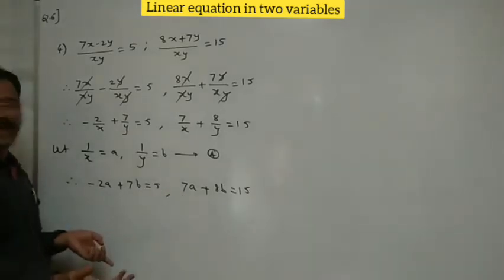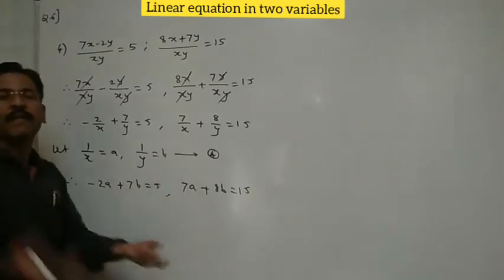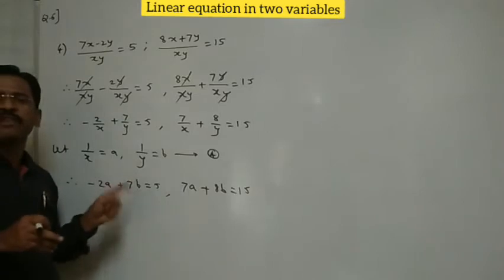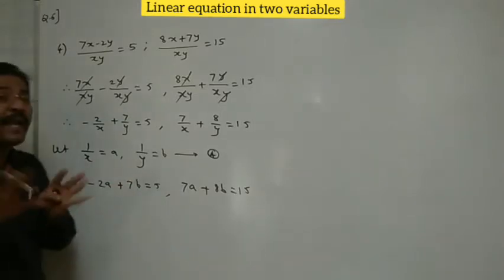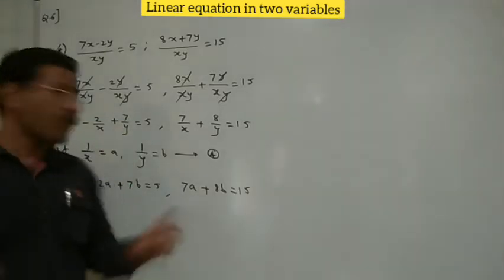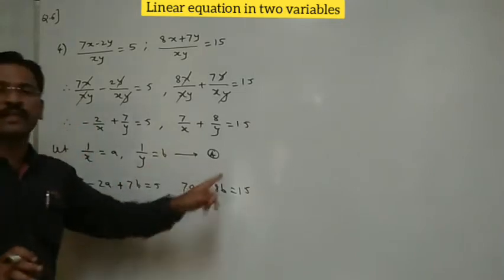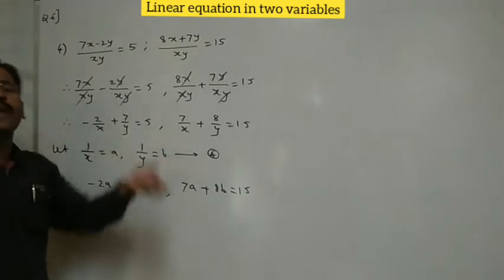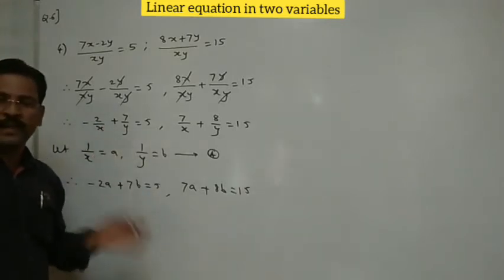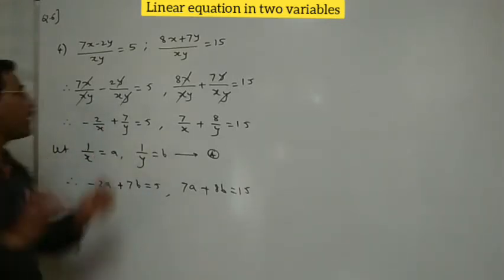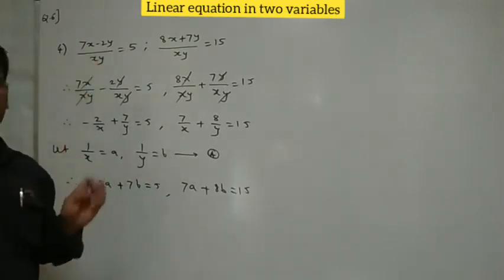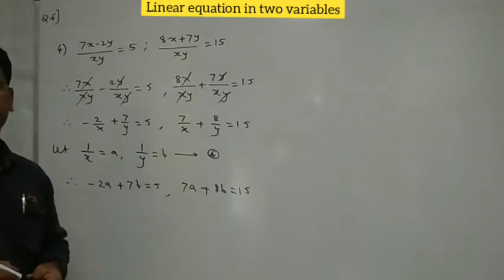Then the a term gets cancelled. We'll get the b term, and by substituting this b value in any one of these two equations, we can find the value of a. But that a and b are not our final answer. Why? Because we supposed here. Resubstitute here, take the inverse to get the values of x and y. Understand friends? This is a very important part. Make the separation, then it becomes very easy. Understand? Okay.